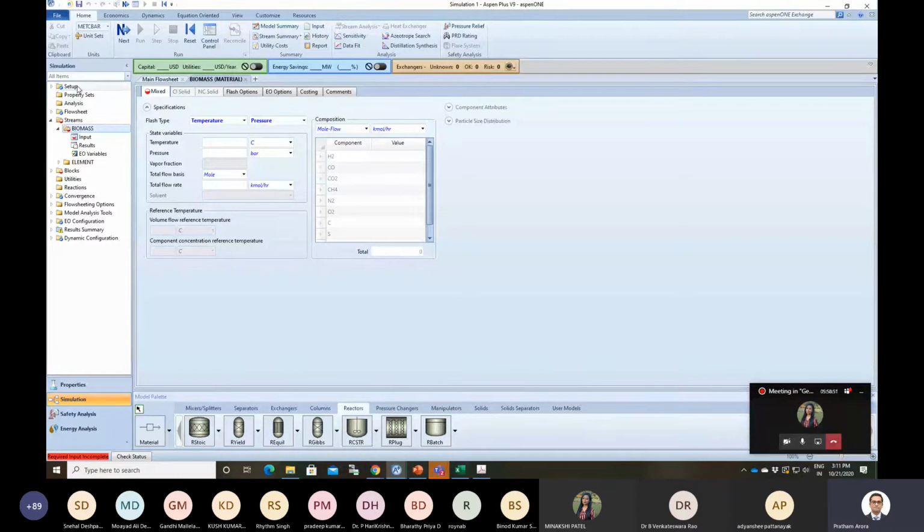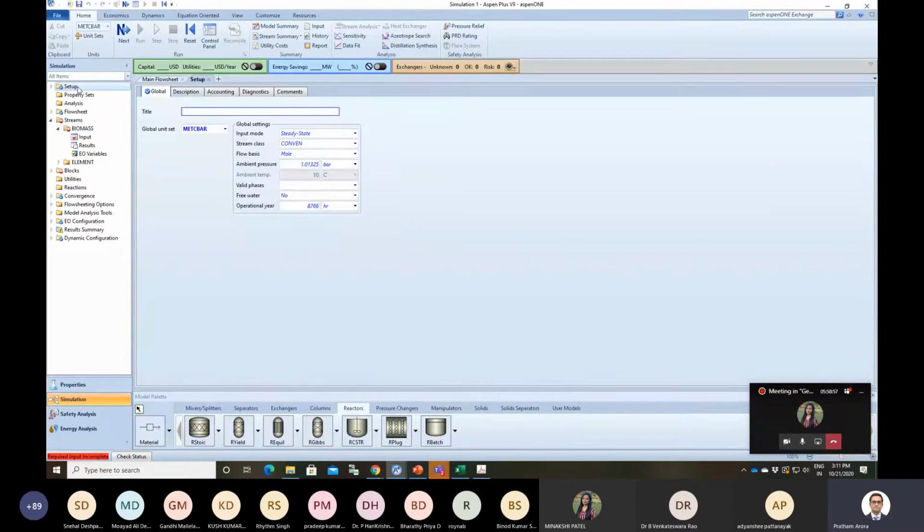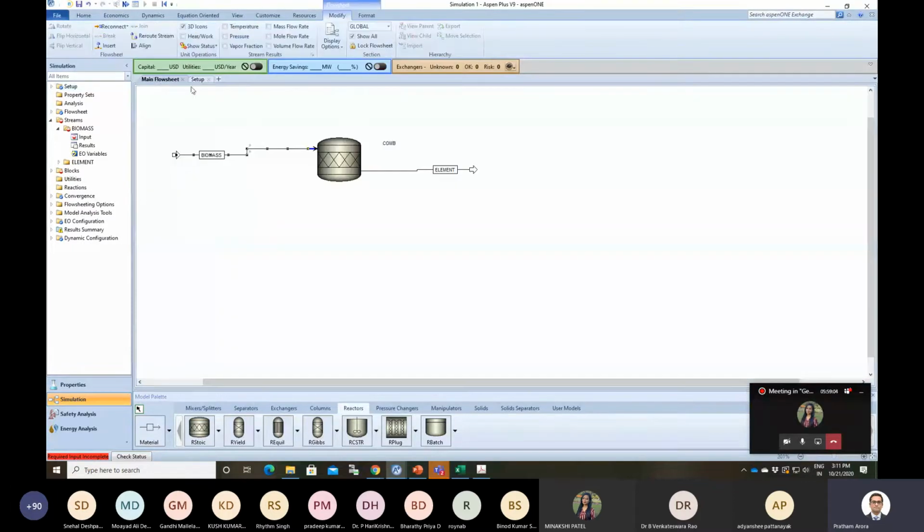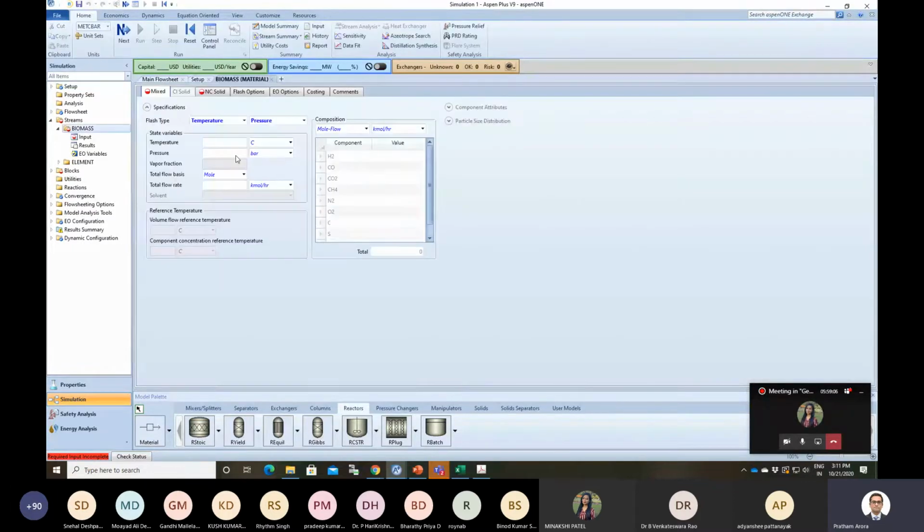Again, before we start, we also need to make one change. Since we are dealing with non-conventional solids, we have to go to the setup and change the stream class to take in non-conventional components as well. So now when we go into the stream, it will show us two, the mixed and the non-conventional. Mixed means any typical compound like hydrogen, carbon monoxide, carbon dioxide, methane, N2, O2, carbon, or sulfur.